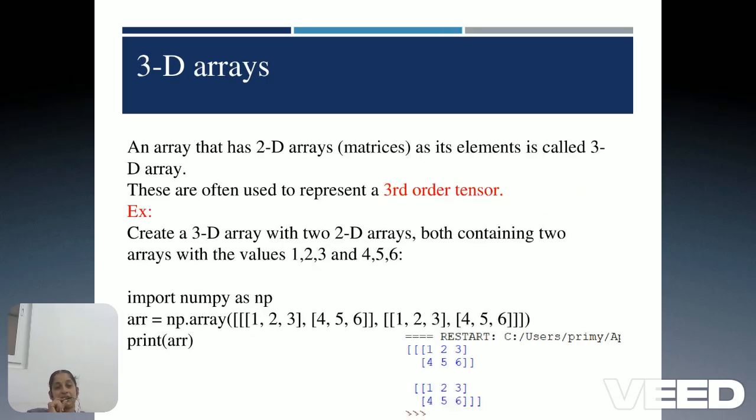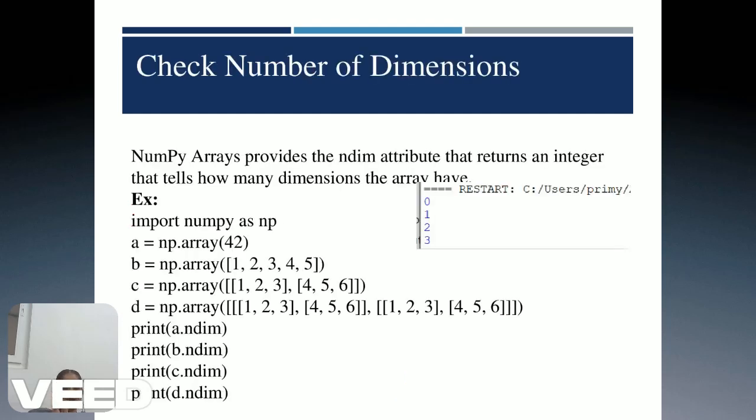The last variation is the 3D array, where one more dimension is added. So again 1, 2, 3, 4, 5, 6 is added. This is x comma y, and this is x comma y comma z. We can also call it a third order tensor. And how to get these dimensions?